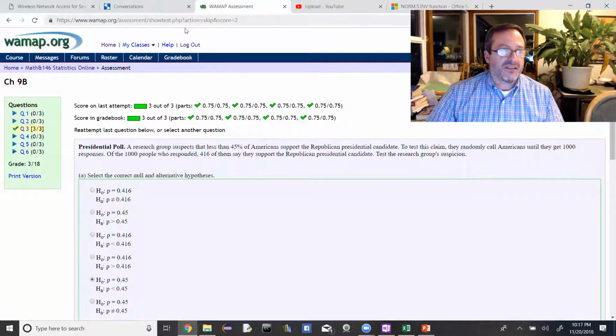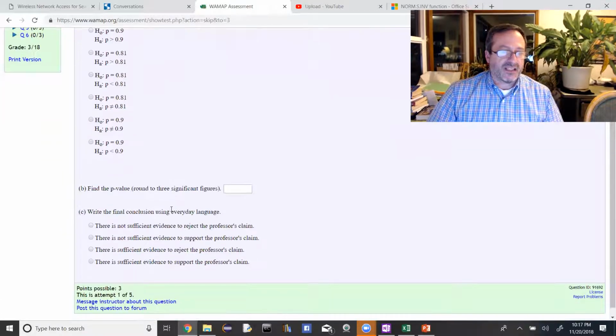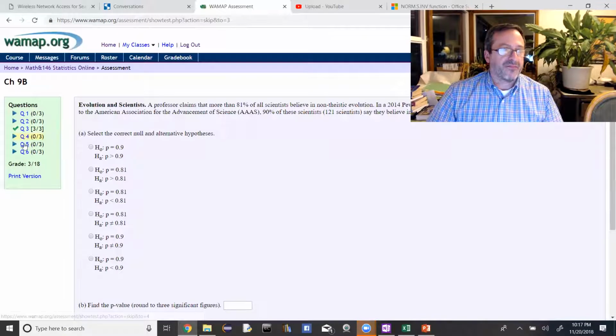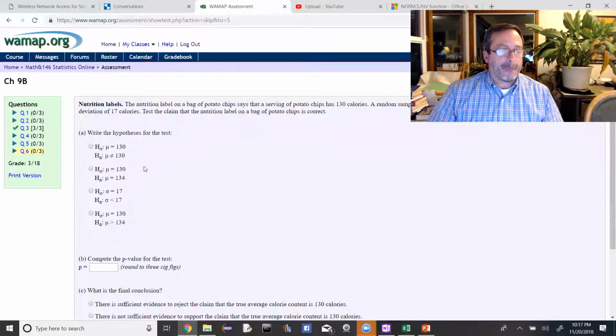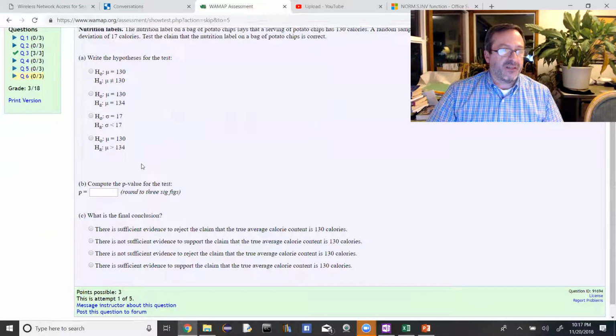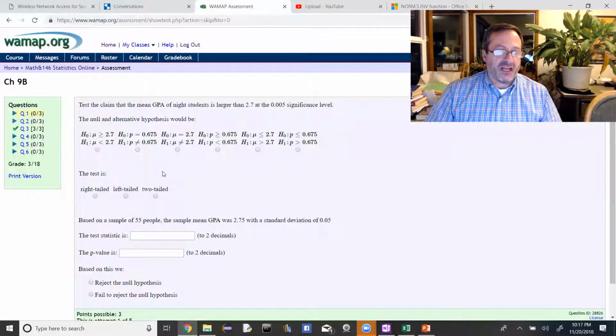I'll just peek at the next one, or the next few here. Pretty similar. In fact, it's exactly the same type of problem, I think, all the way down. Find the p-value, find the p-value, find the p-value. All these are the same, except for the first one's a little different. It's more like what we did in 9a.